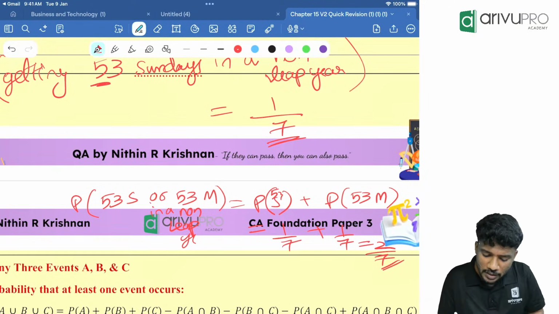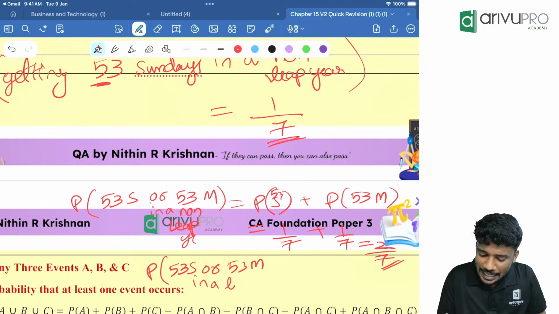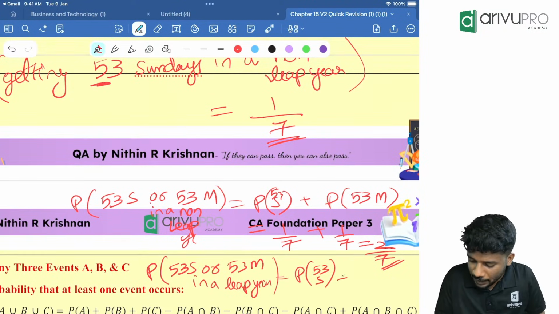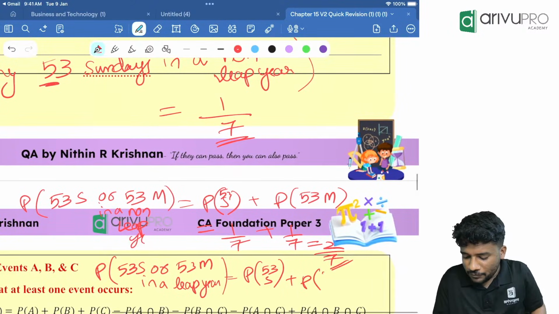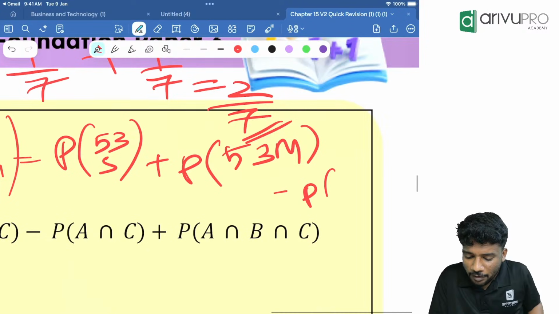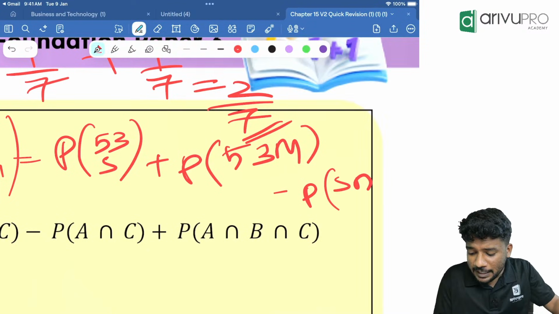What if the question is like this? Probability of getting 53 Sundays or 53 Mondays in a leap year. That is P of 53 Sundays plus P of 53 Mondays minus P of the intersection between Sunday and Monday, right?